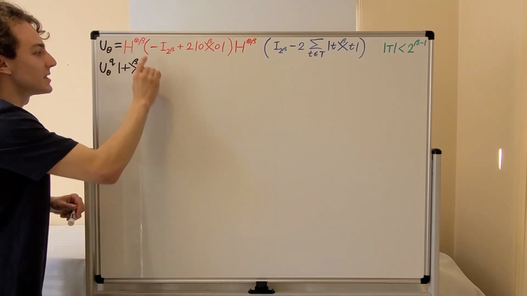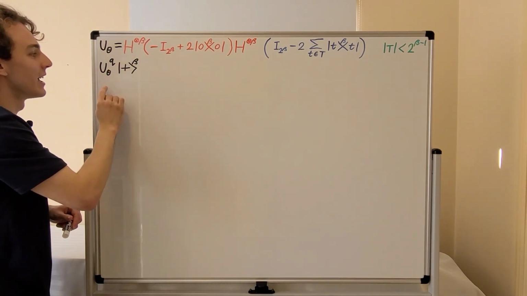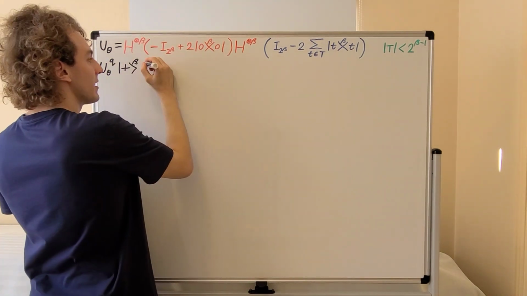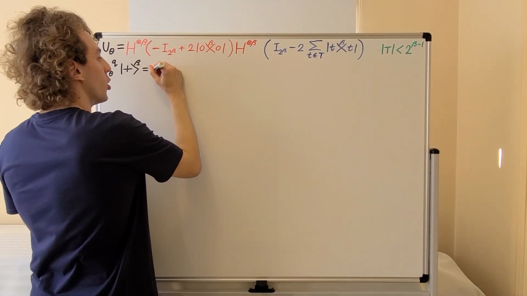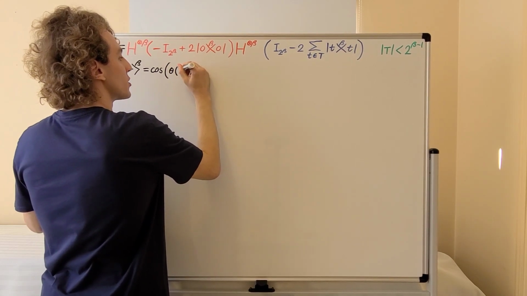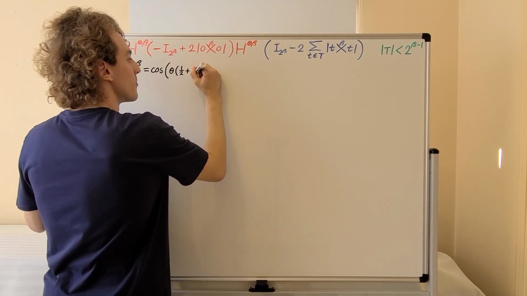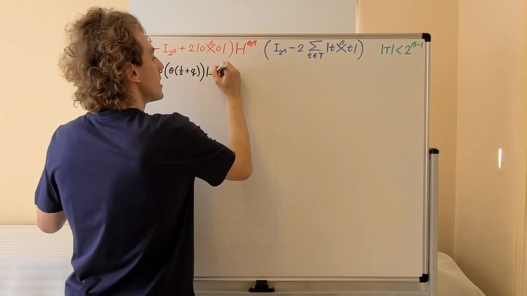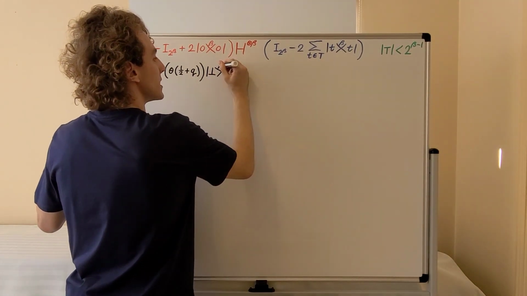So now let's see what happens if we iteratively apply u theta q times to this state. That's going to give us cosine of theta times 1/2 plus q as the coefficient for the non-target superposition.